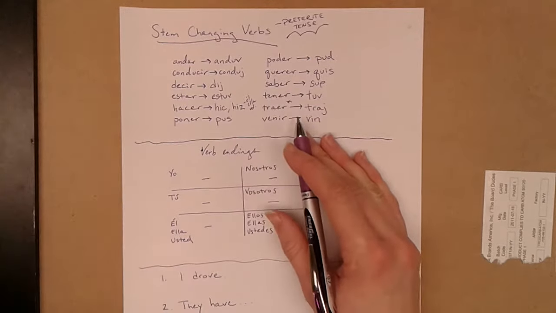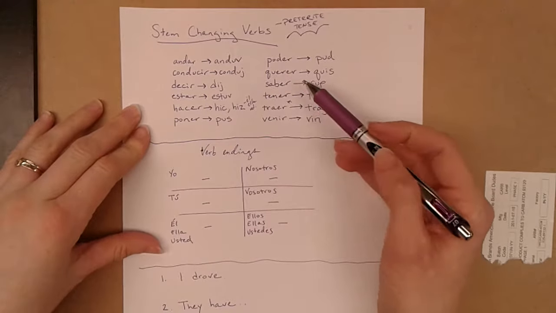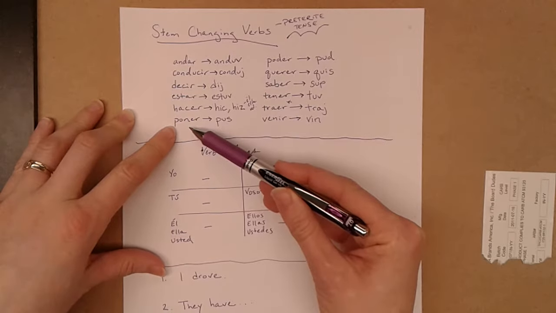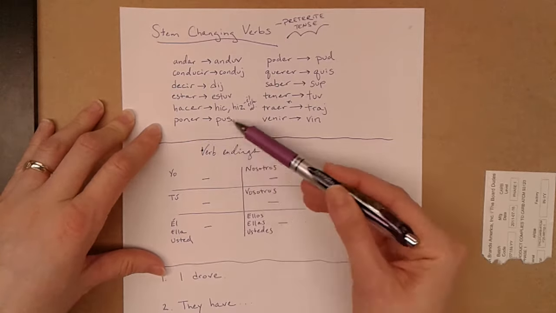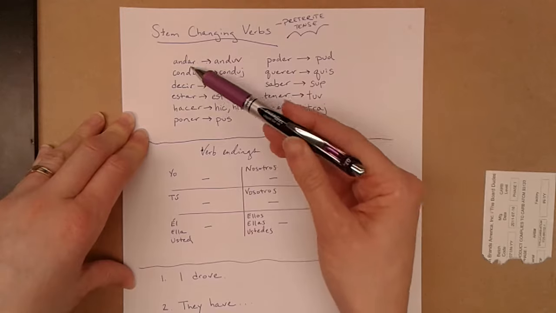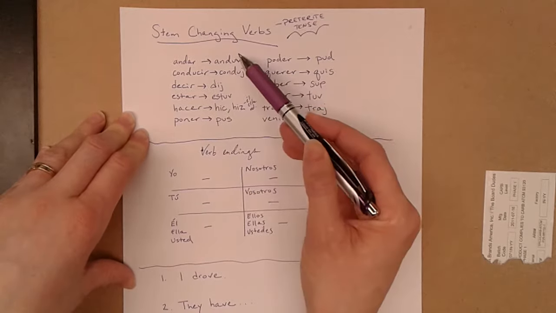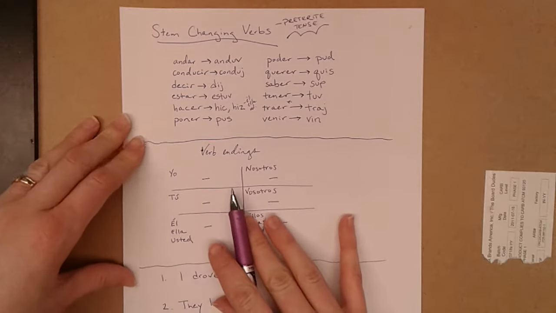Just know also that any compound word that uses this word plus another word, like we have componer, in preterite tense, the stem would be compus. So just know that if you see these in compound words as well in preterite tense, they will also undergo a stem change.